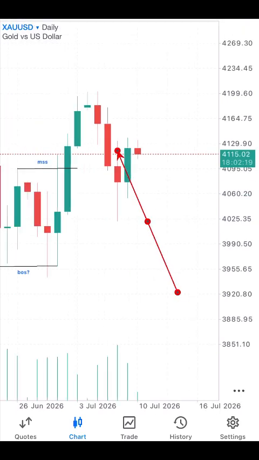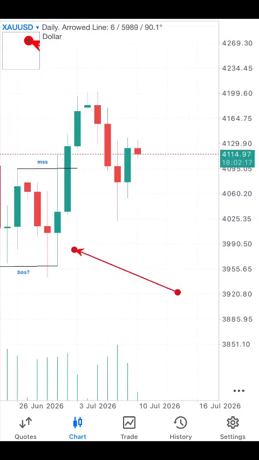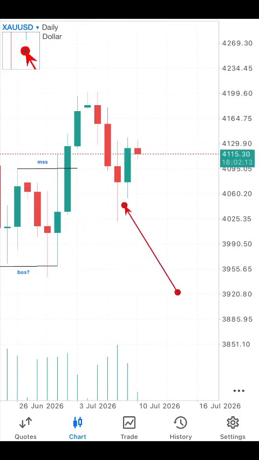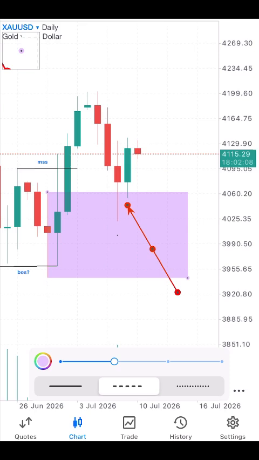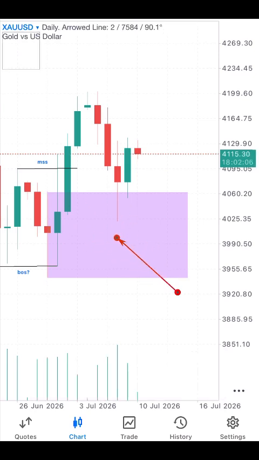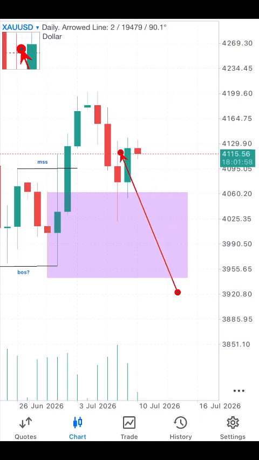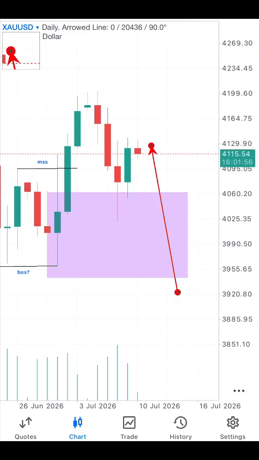Reacting off of maybe this order block. Let me align it. Reacting off of this order block, left a wick, but then it pushed up. So if this was to be a solid reversal trend to the upside, I wanted to see price close above this wick.